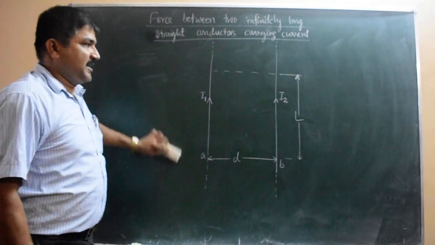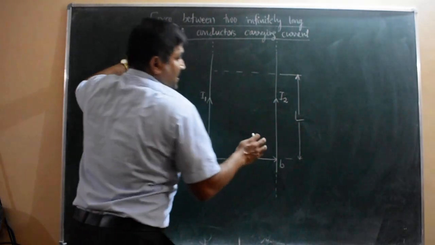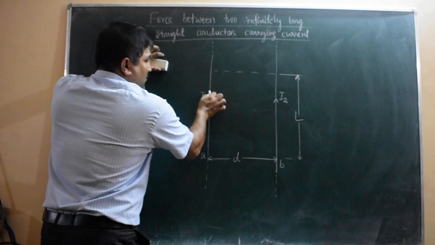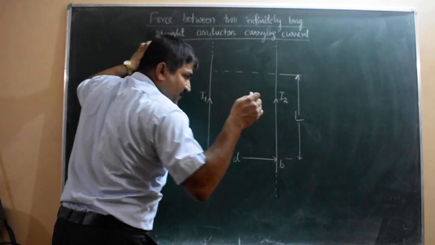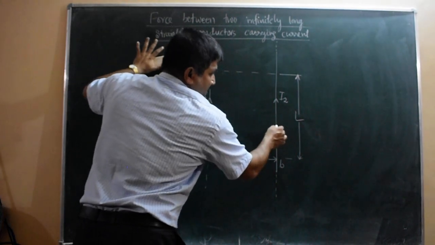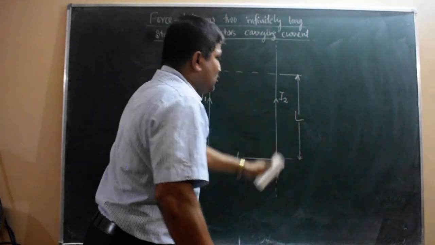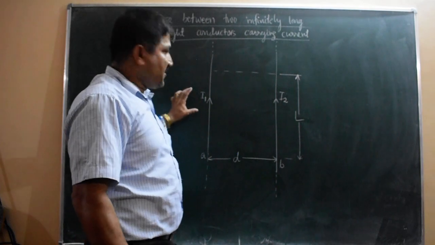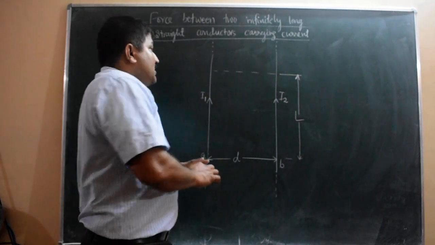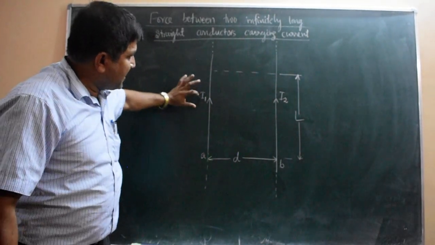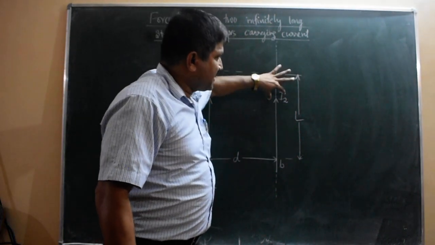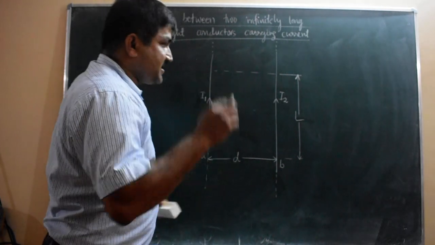Now, for the sake of simplicity, I have shown the magnetic field. So the current I1 flowing here produces a magnetic field inward on the right side of this. In the region of conductor 2, conductor B, there is also a magnetic field produced by I1. The magnetic field produced by this current I1 in the region of conductor B is, say, B1.